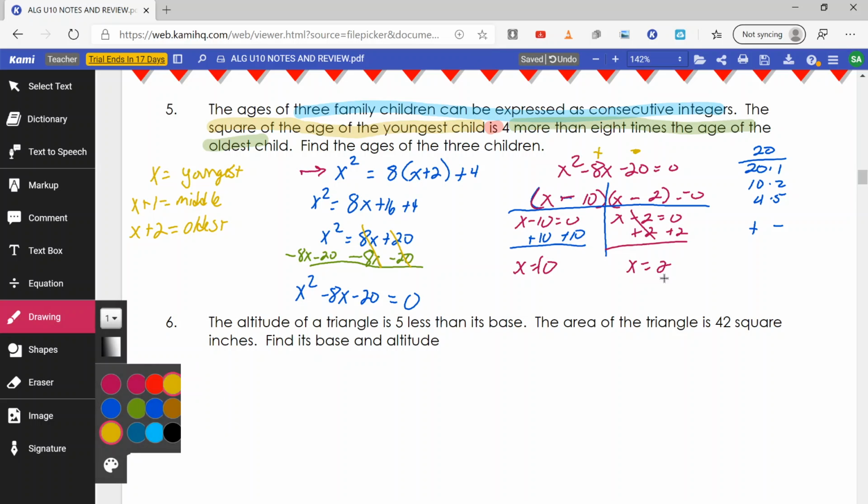So 2 cannot be our answer, which means our youngest child is 10, the middle child is 11, and the oldest is 12. That is how we use a word problem. It could have been 2 or 10 because age is only positive. Both were positive, so we had to test to see which of the 2 was the correct answer.